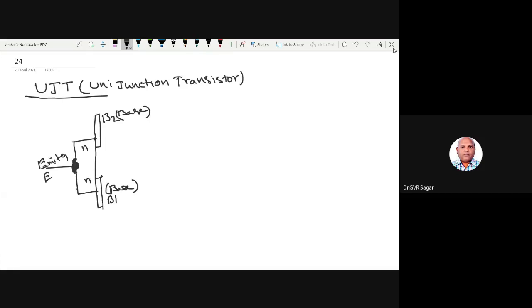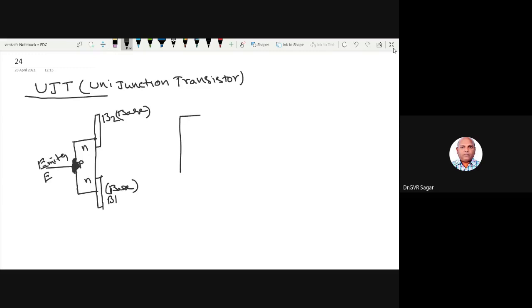So an entire bar is taken, and on it a small P material is placed. From this P material the rod is taken out, called the emitter. So it is a three-terminal device: emitter, base 1 and base 2.